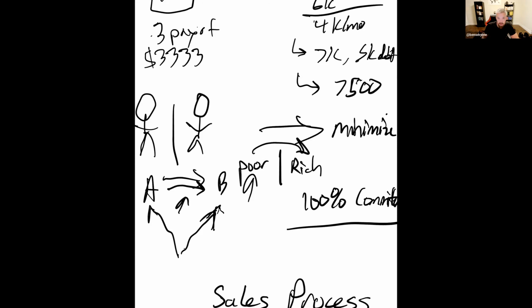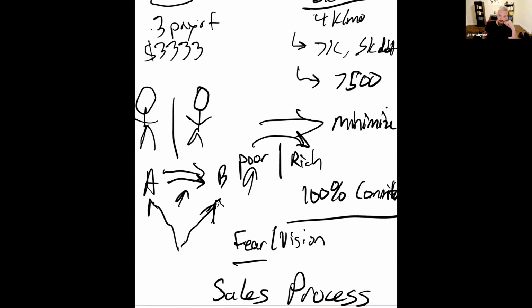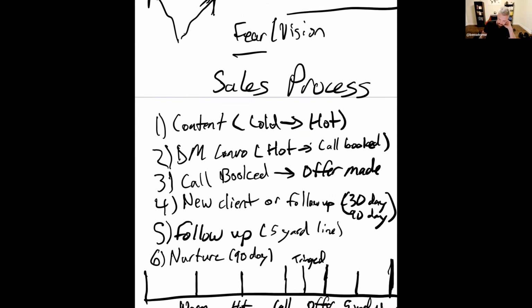Because if you're not, we can't help, because we only work with people that are 100% committed to change their life. Because we can show up and do everything we can do, but if you're acting from fear... are you acting from fear or vision right now? Well, you're probably acting from fear. And guess what? When all your decisions come from fear, what happens?